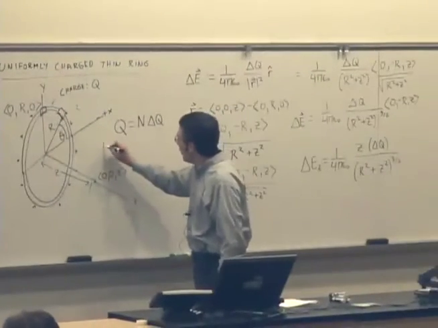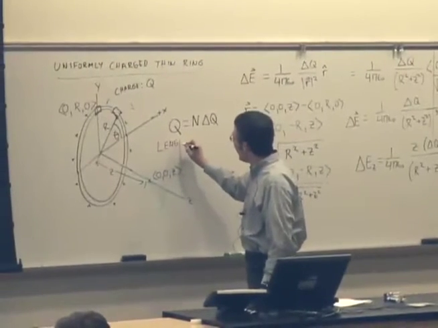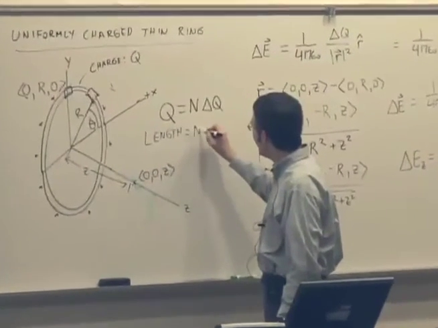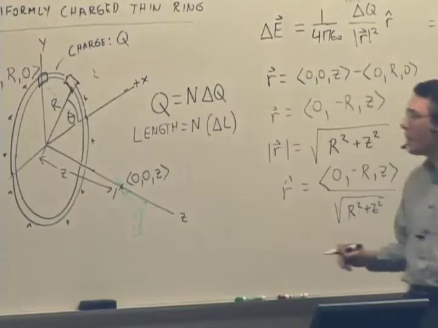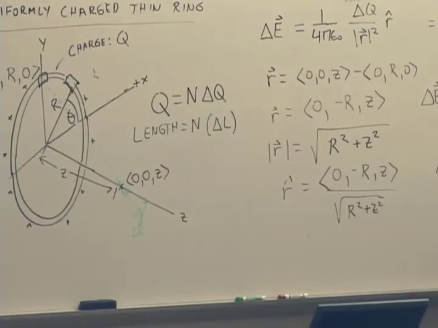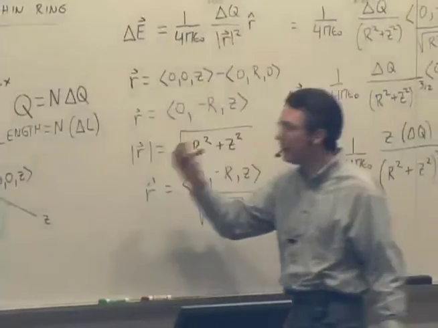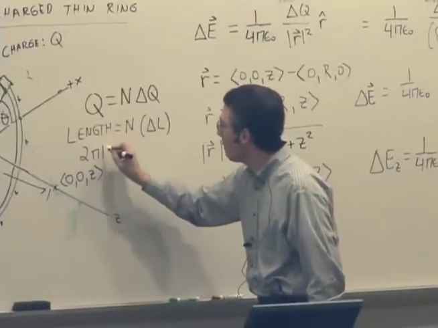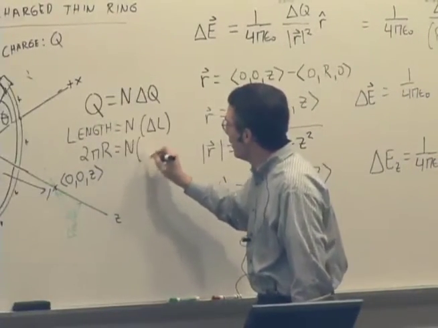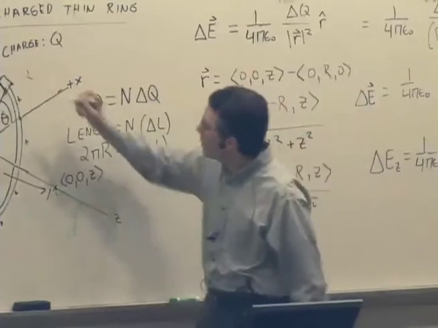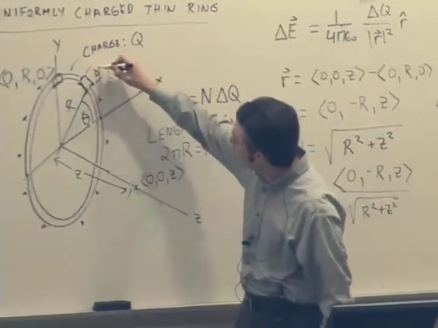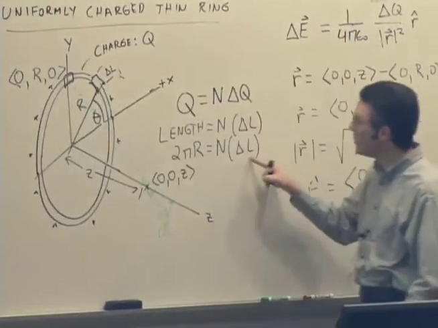So how do you actually get this? If the length has to be equal to n times delta L, right? What's the total length of the circle? 2 pi r. How do I place a delta L, meaning a little slice of circumference, a little arc length, in terms of theta?